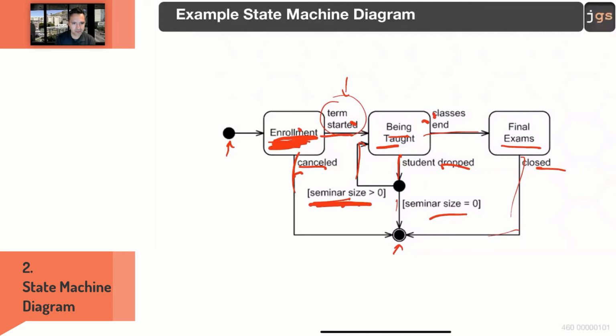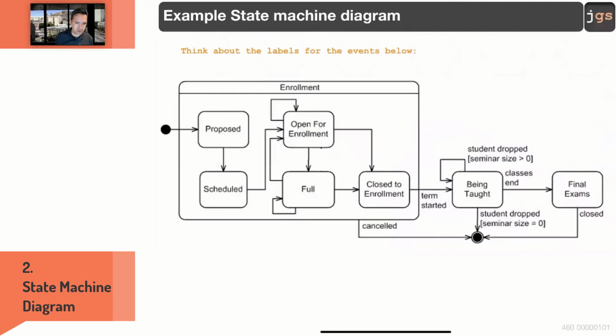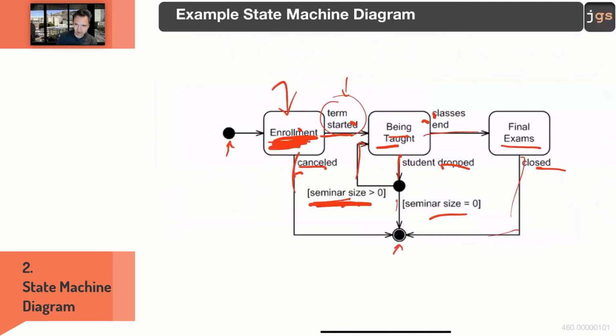Those are values. You can create a diagram as complex as you want. For instance, this is easy, but you can be thinking, well, for the enrollment, there are a lot of things that could happen during the enrollment. Sometimes this is something that is possible. Instead of having enrollment, and I want you to be aware that this box in red is this one here.